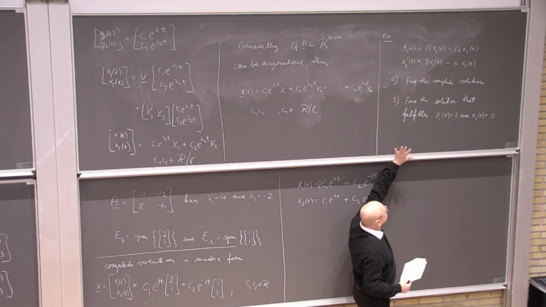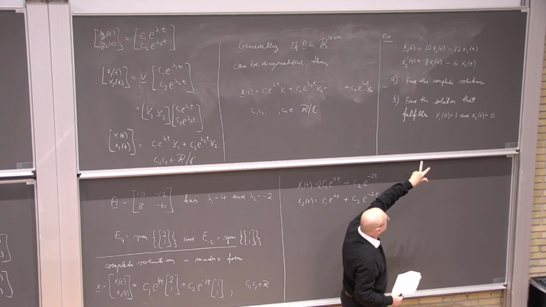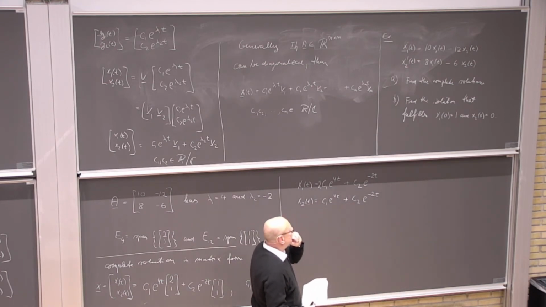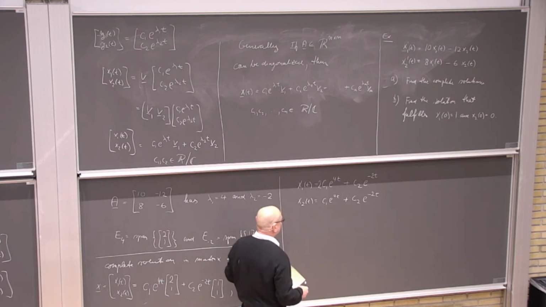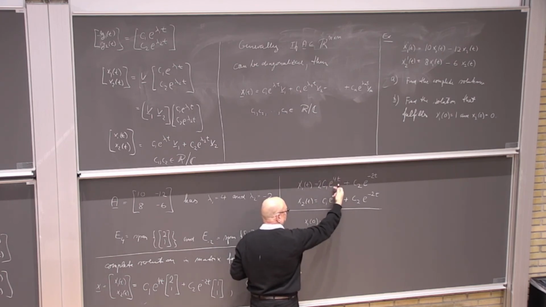So we want to find the solution that satisfies these initial conditions, that x1 is initially 1 and x2 is 0. So let us just put this into the equation. I get x1(0). I put t equal to 0, so I get e to the 0, that is 1.